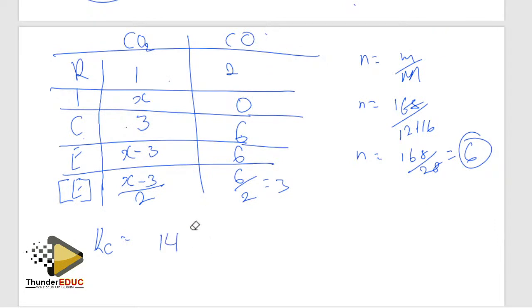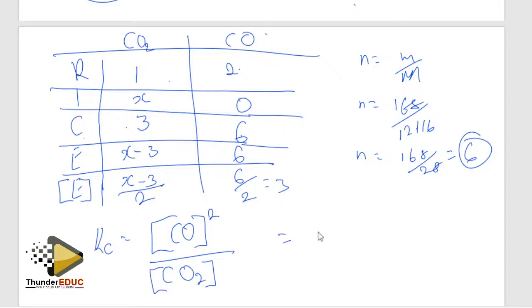Let me first use the expression and then I substitute. So it's going to be Kc is equal to the product, which is carbon monoxide to the exponent of the number of moles, which is 2, divided by carbon dioxide to the exponent of the number of moles, which is 1. Therefore Kc is 14, which is equal to 3 squared divided by X minus 3 over 2.